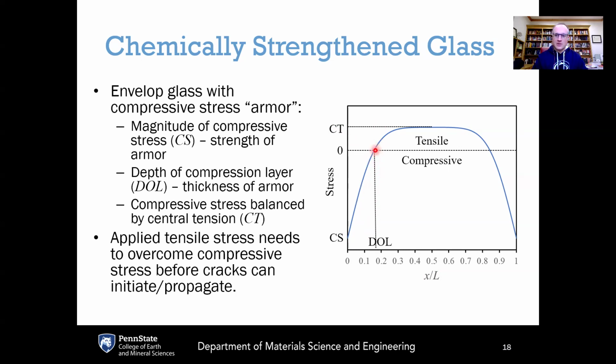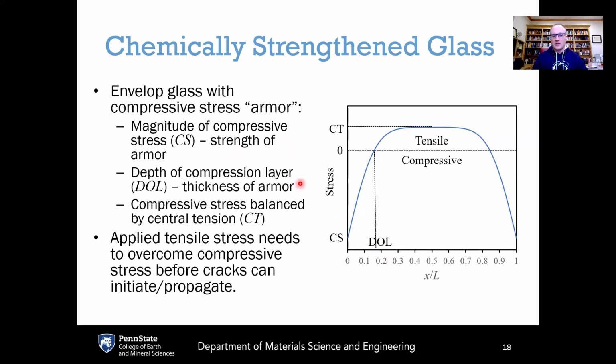So there are these three key parameters that we care about for chemically strengthened glass: the magnitude of the compressive stress, the magnitude of this depth of layer, and the central tension. And if you think about this compressive stress as like being armor that you put onto the glass to help protect the glass against damage, the compressive stress CS is like the strength of the armor.